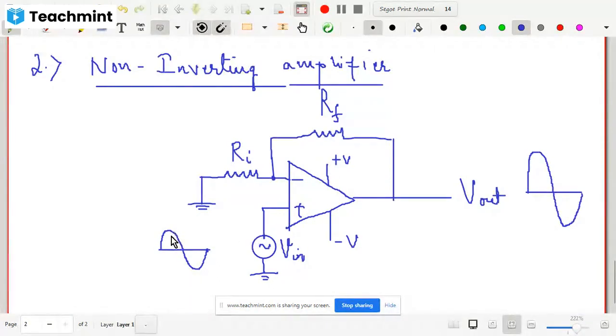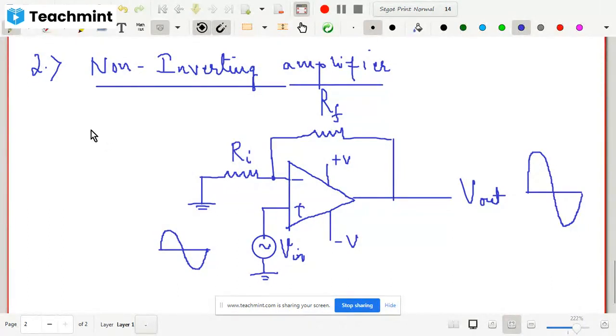There may be some applications where you need to obtain the output which is in phase with the input. Suppose you want to design a circuit where you want the same phase at the input and the output. You can use this kind of non-inverting operational amplifier there. So that is why we need to discuss this non-inverting amplifier as well.